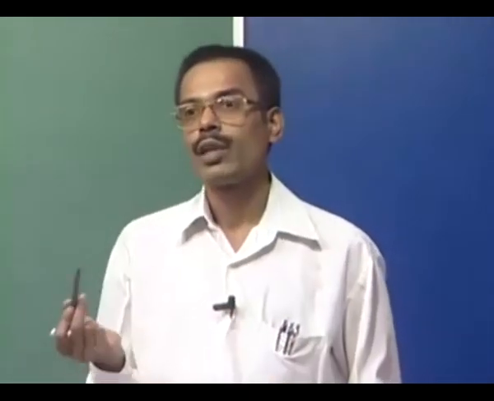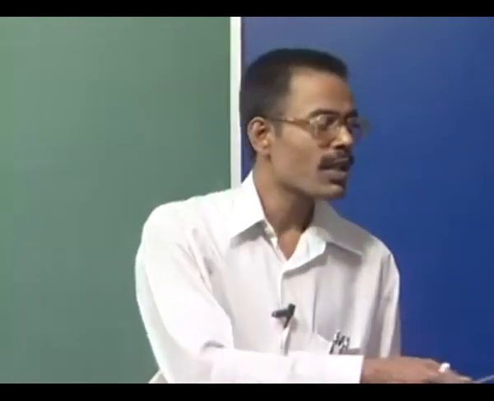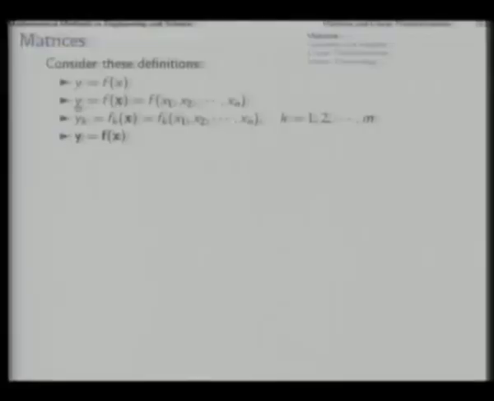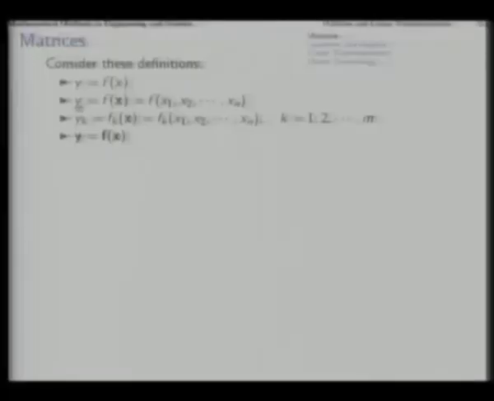Now, we have heard of multivariate functions, functions of several variables. So, you can say that there can be another definition of a function in which y is a function of x, but here x is not a scalar, but it is a vector. Then we say that y is a function of a vector variable x, or we can say that it is a function of several variables x1 to xn.